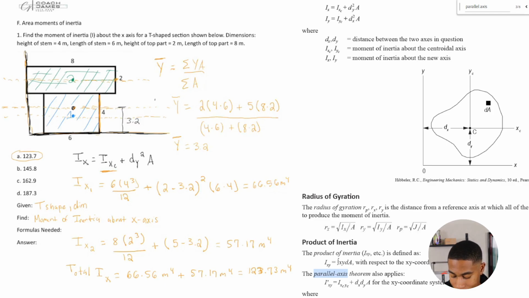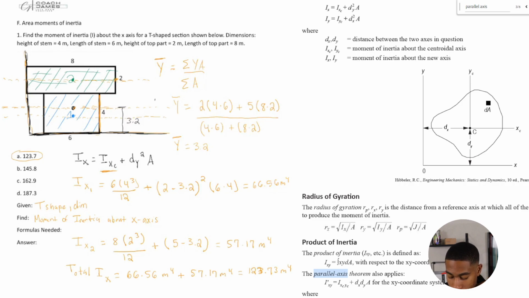Another thing we needed to pay attention to is this is not just a regular rectangle shape, which wouldn't be nearly as complicated, right? But since we had a composite shape, we needed to find the centroid of the entire shape.